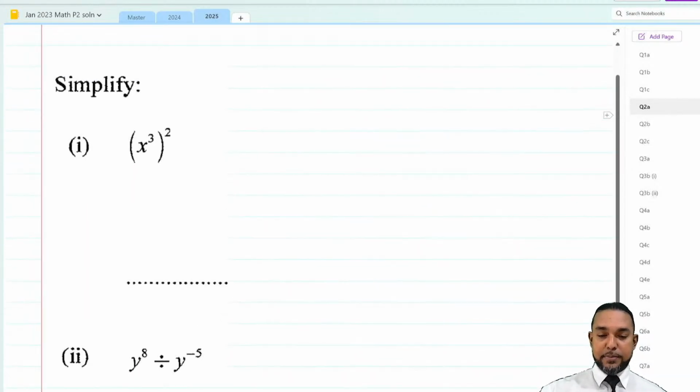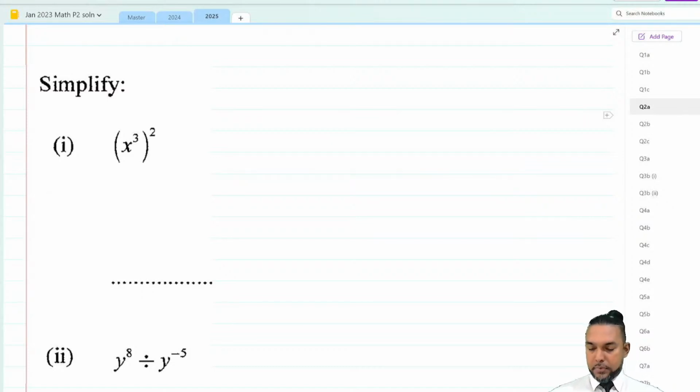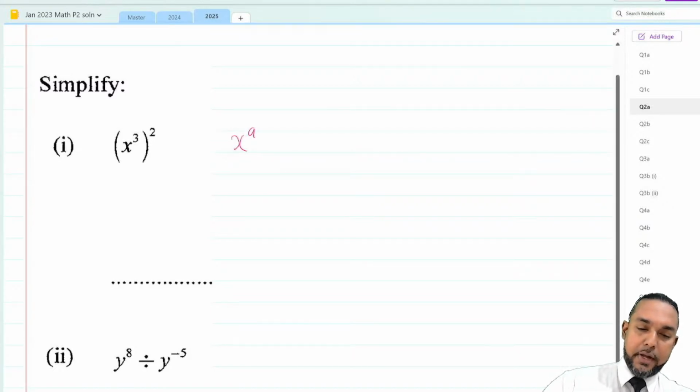Okay, so we have the algebra, so I'll give you a couple of minutes to sort that out. By the laws of indices, if you have x to the power a, then raised to the power b, you multiply.